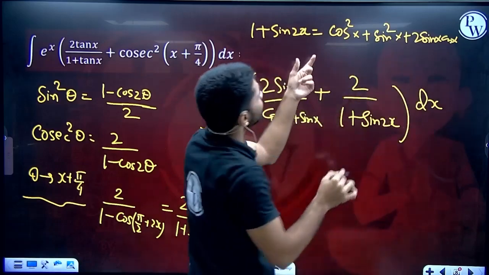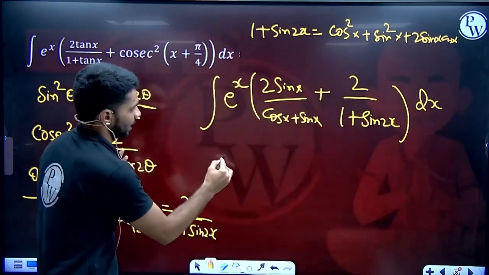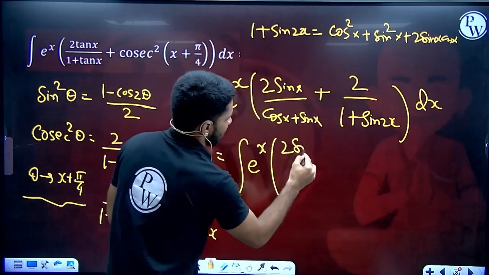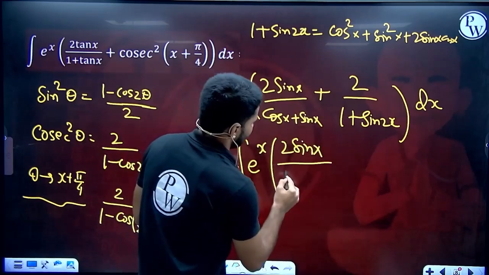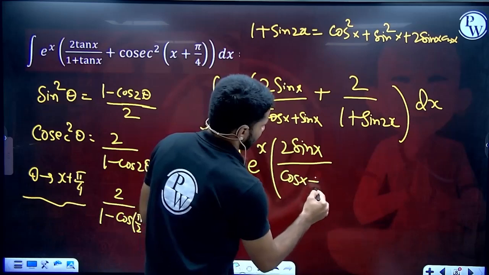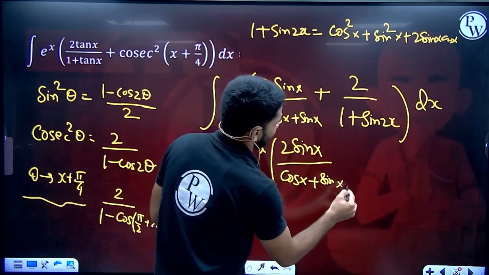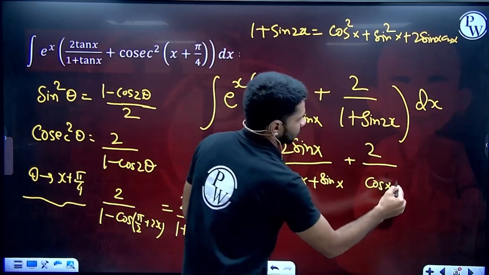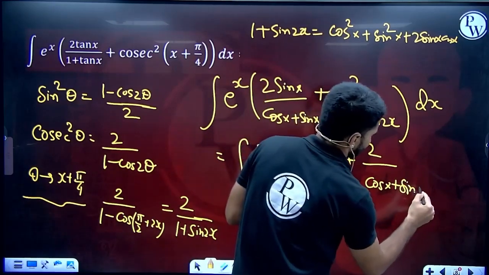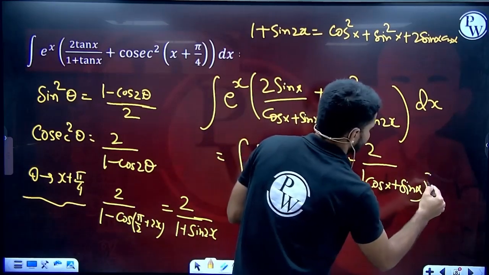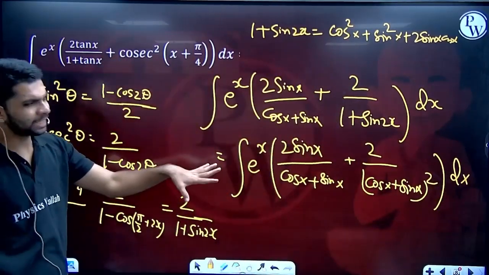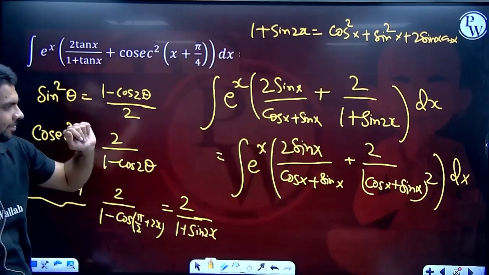That means this is cos x plus sine x whole square. Now which is f of x, which is f dash x?